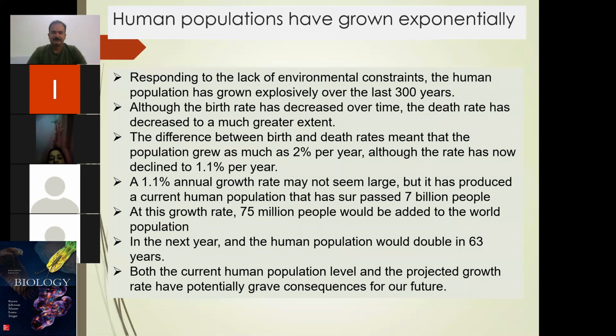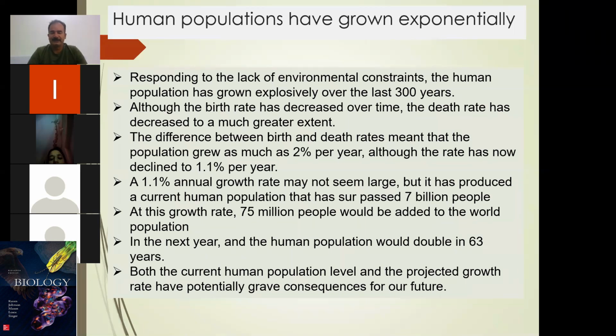According to this growth rate, 75 million people are added to the human population every year. So every year we are adding 75 million people on the planet. That's why in the next 63 years, the human population will double on this planet.